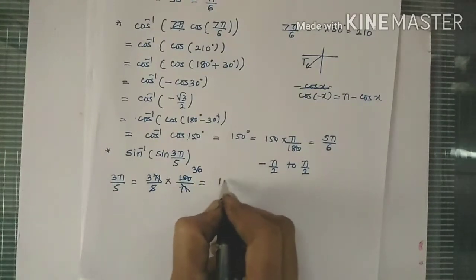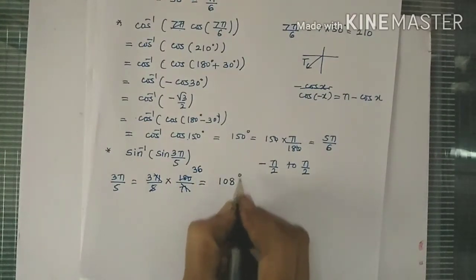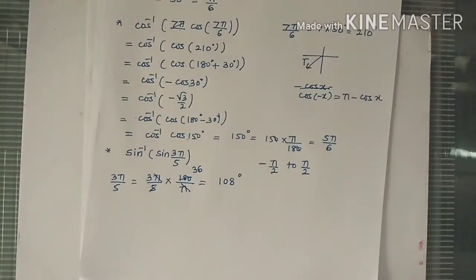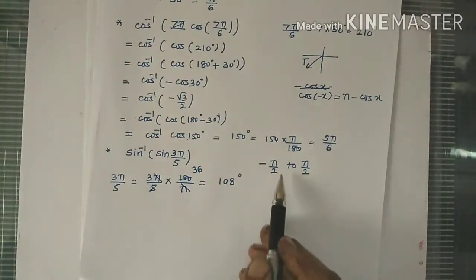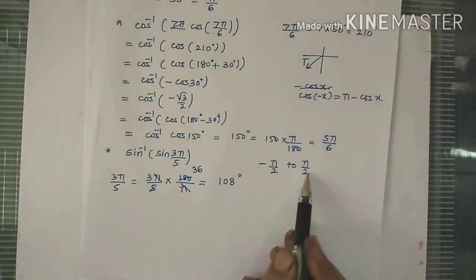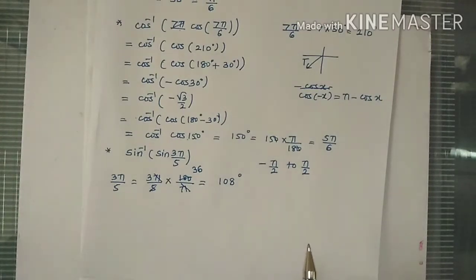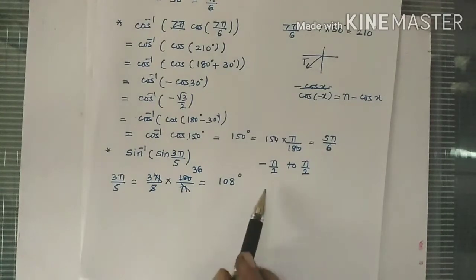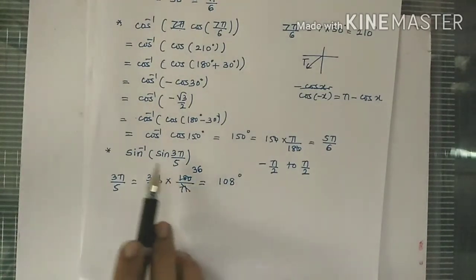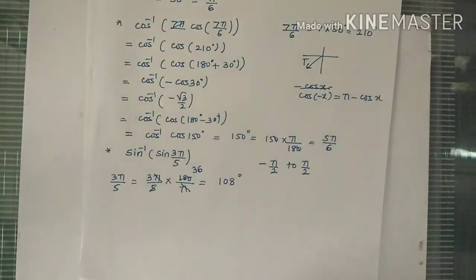So 36 into 3 is 108 degrees. But 108 degrees does not lie between minus 90 and 90 degrees. It is greater than 90 degrees. So we have to find the angle which lies between minus 90 and 90, and which gives us the same value of sine. Okay, so let's find it.